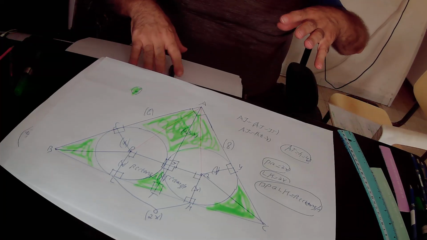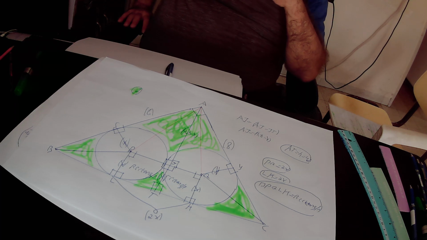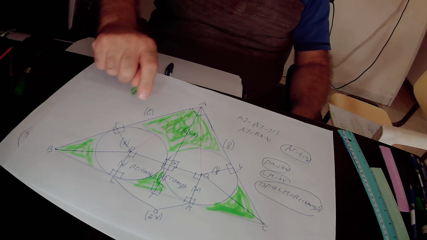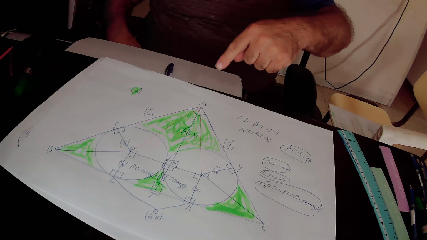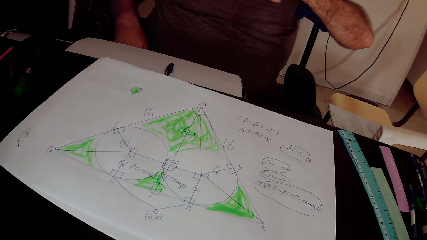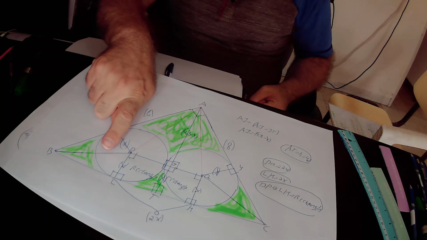By doing all those constructions, we divided the big right triangle ABC into 6 parts. The first part of triangle ABC is this triangle APB. The second part is triangle AQC. The third part is this right triangle PLB.